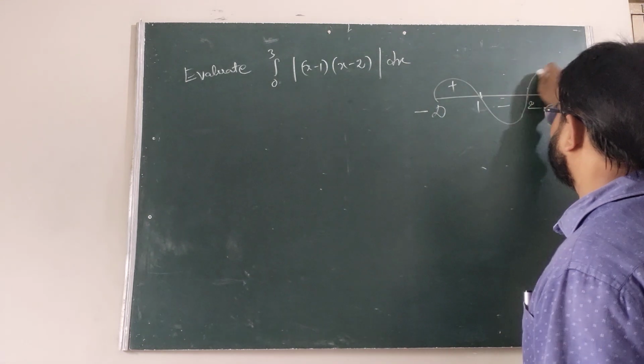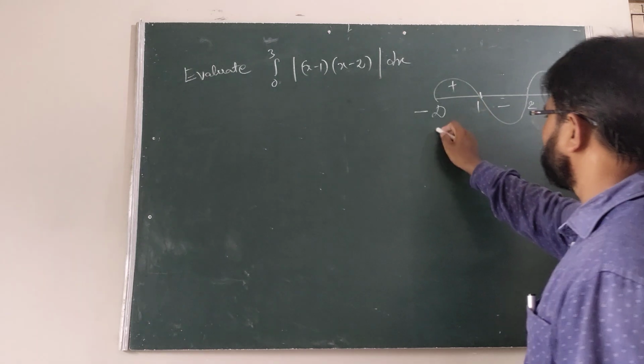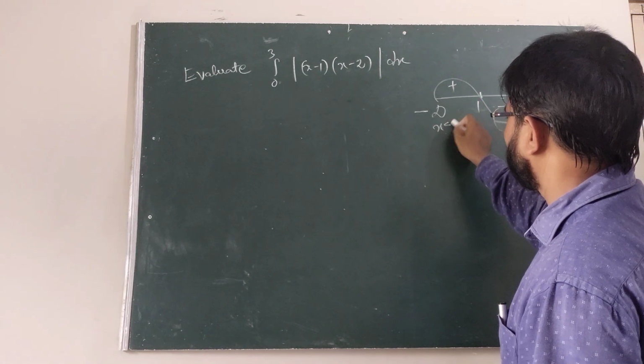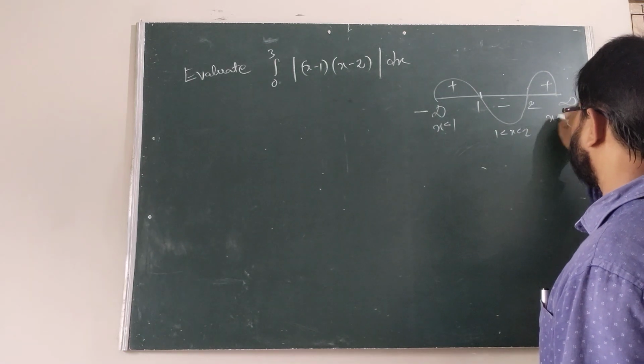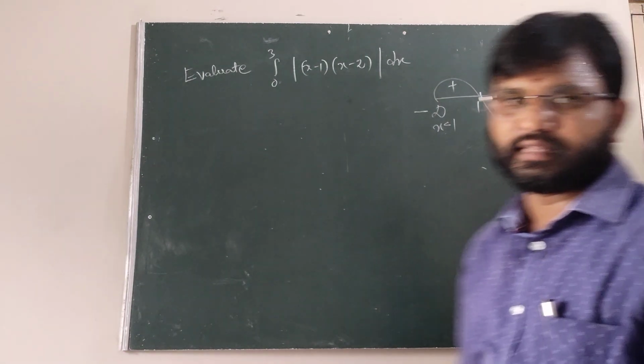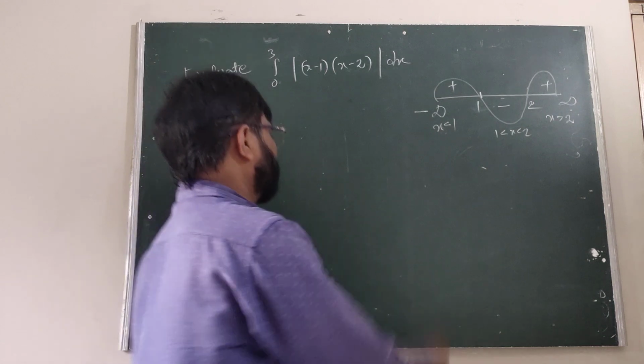We have to know that here, this is x less than 1, this is 1 less than x less than 2, and this is x greater than 2. We have to take the modulus function. All of you listen here.